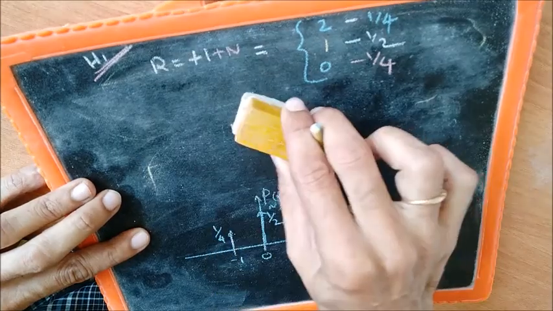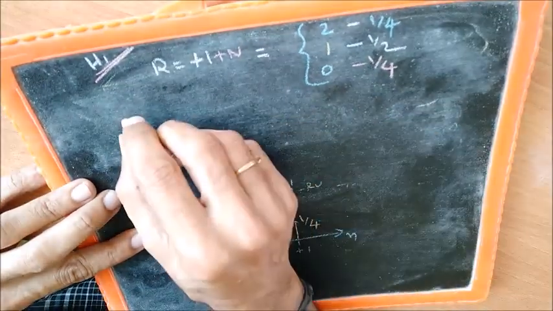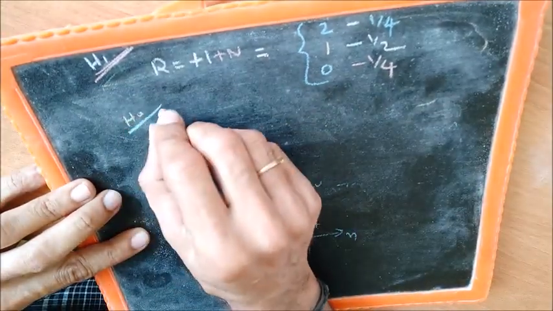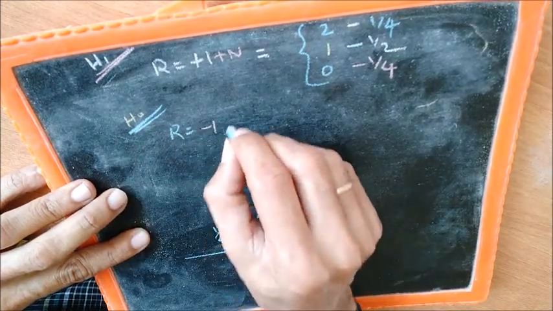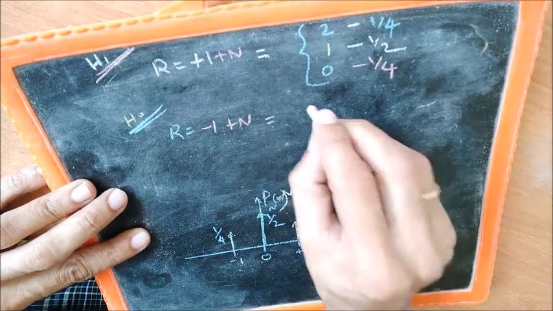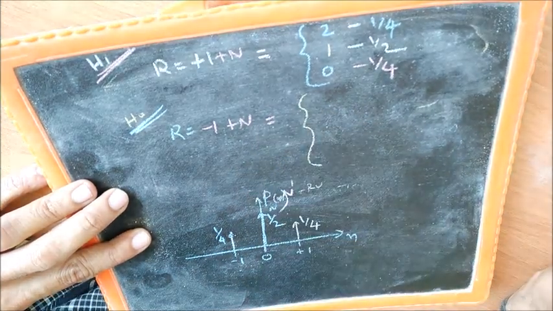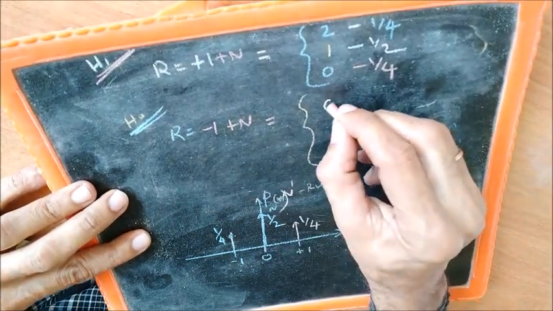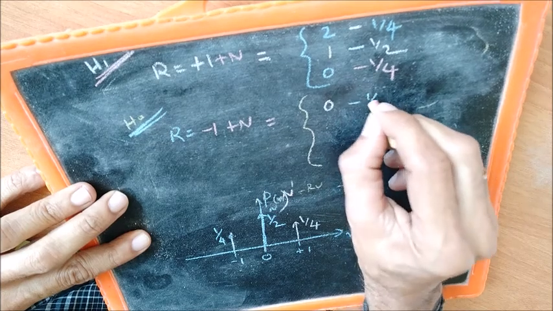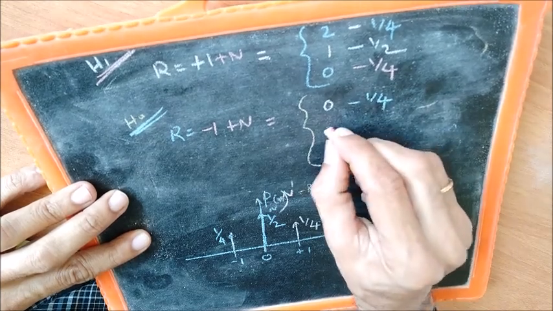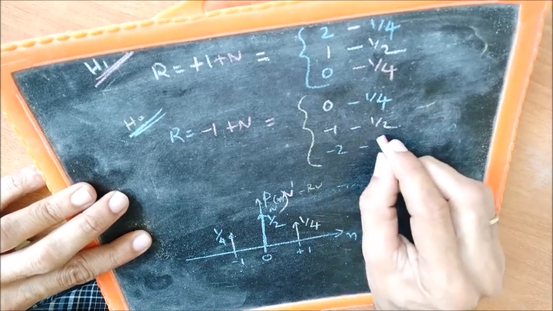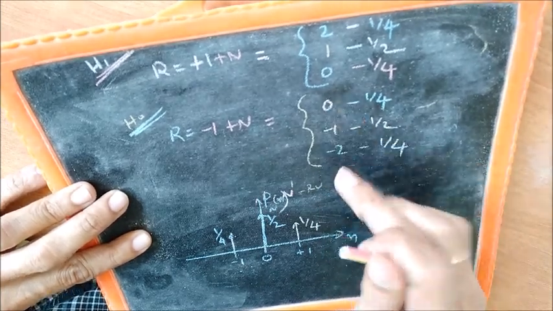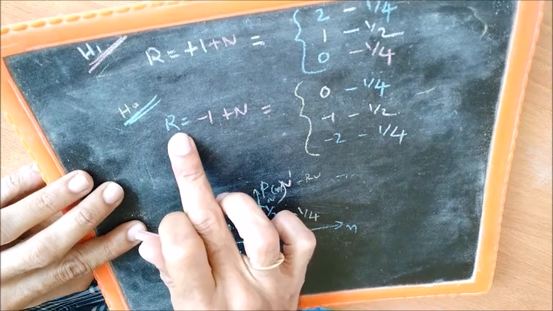Similarly, we can form a conditional distribution of R when H0 is the true hypothesis. Without much explanation, I can straight away write this, wherein this stands for the three possible values which R can take.